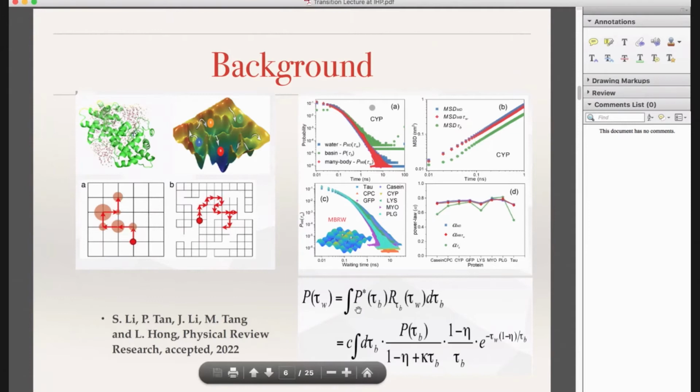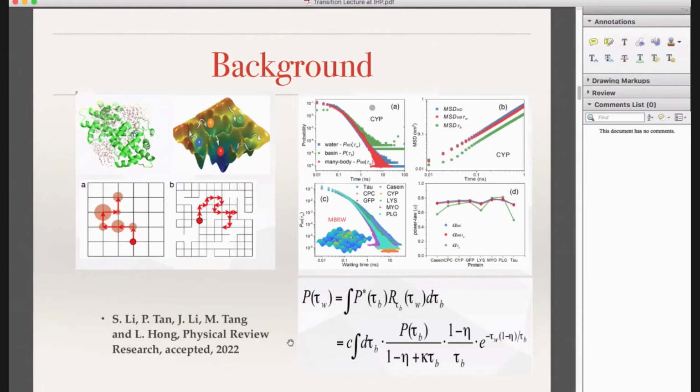The basin waiting time distributions differ between proteins, for example when the time is short or when the time is long, they are away from each other. But after the integration, the waiting time distributions for the particle become really close to each other.